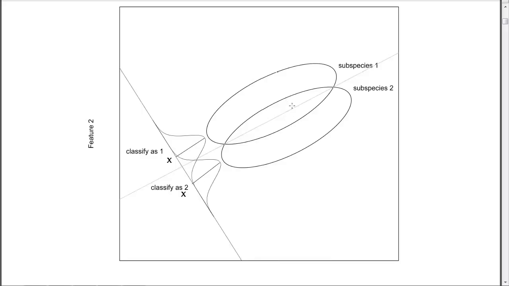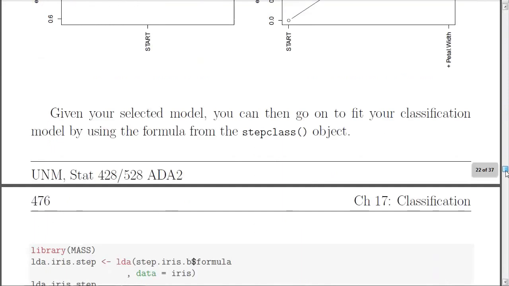So there's a distinction, of course, between the standard error of the mean, so how much uncertainty you have in the mean, versus the standard deviation of the entire population, which says how much spread there is in the population. And that overlap gives you a challenge when you're doing classification.